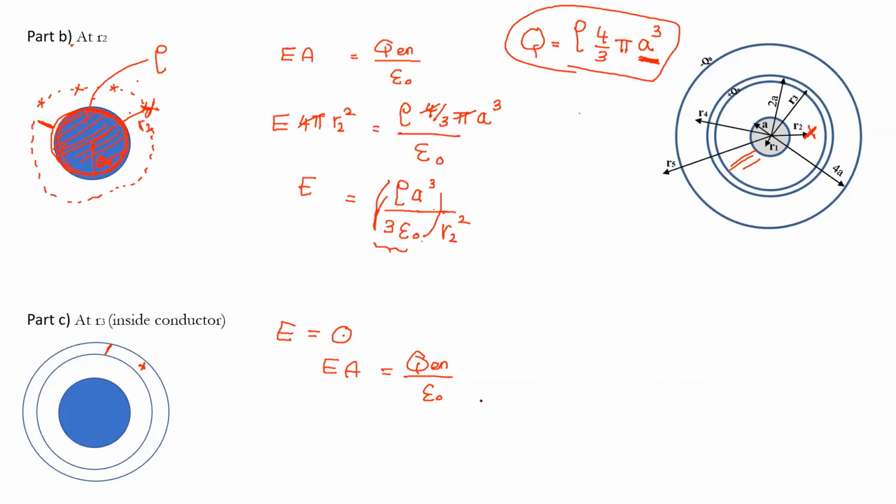Anyone? I can explain what is happening if you want to go in that direction. I can explain how you can get E equals 0 even using Gauss's law. Tell me in the chat if you need it.